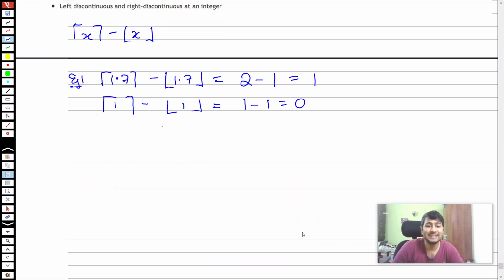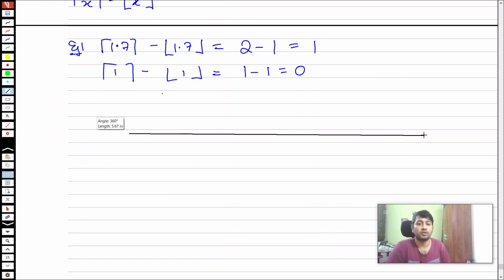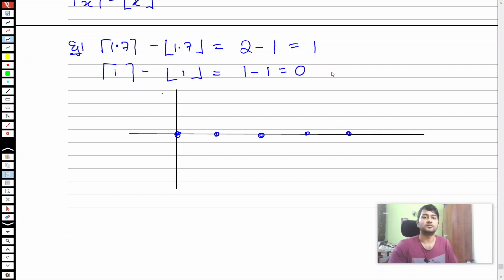So at all integer values this is going to be 0, and at all non-integer values it is going to be equal to 1.